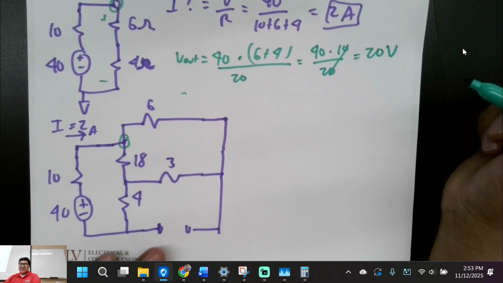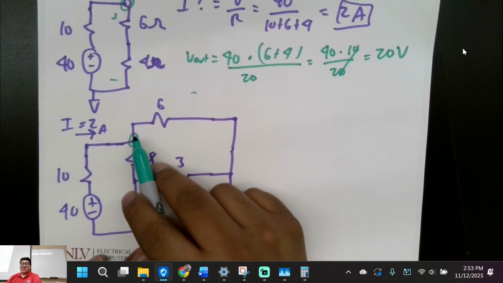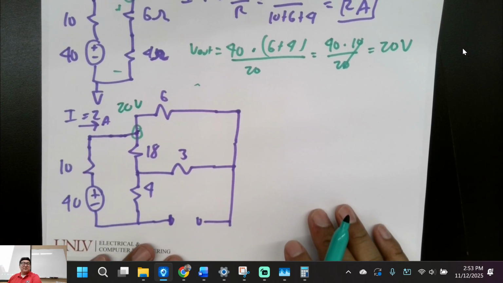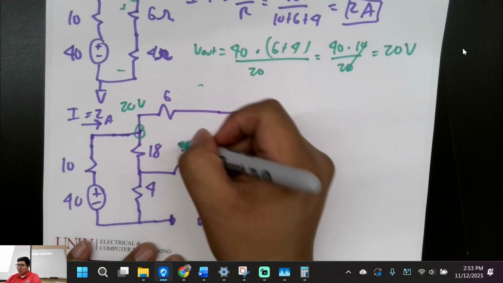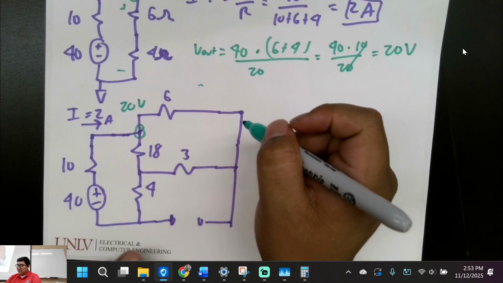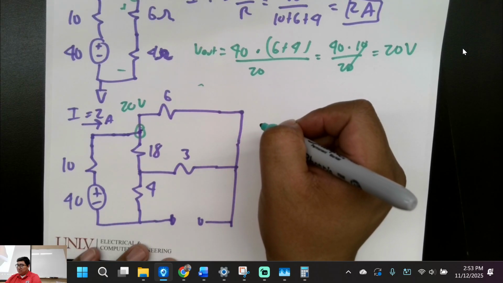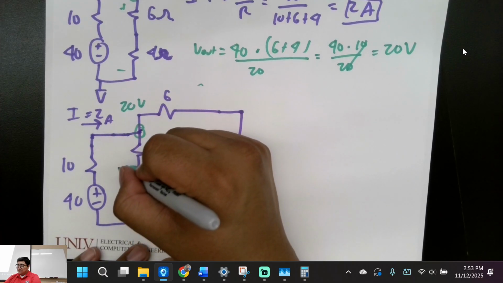That look cool? What does that mean about this? We just lost half our voltage going over here, 20 volts. Is that making sense with everybody? Any questions about that? And now we just want to know, what's the voltage over here? Let's see, if we have 20 volts over here, let me see, what's the voltage over here?